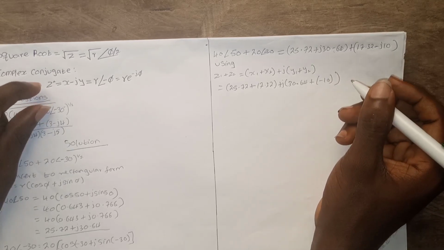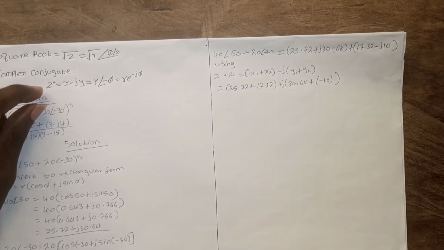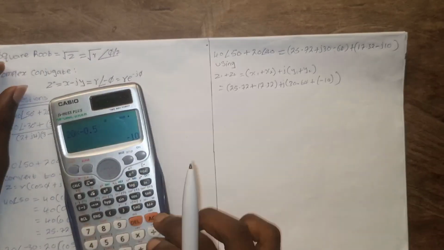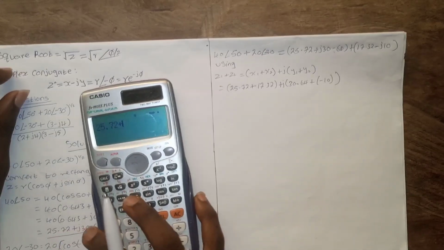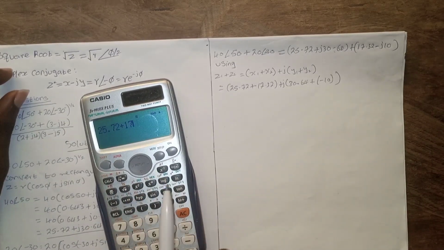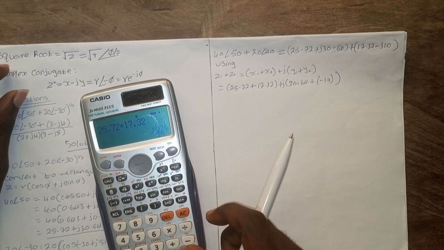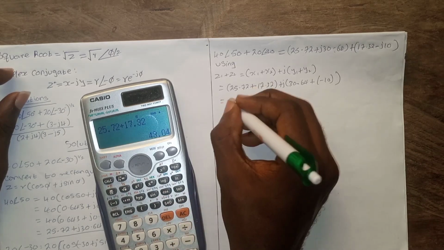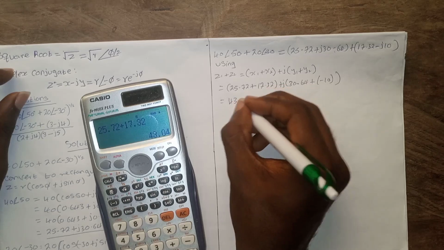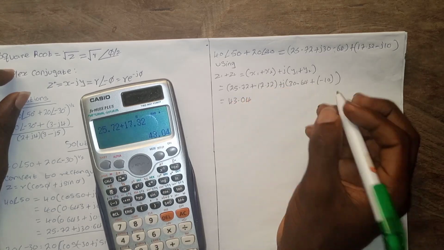So when we add this one and this one together, I'm going to add the two of them together. So it will be 25.72 plus 17.32. So that is 43.04.